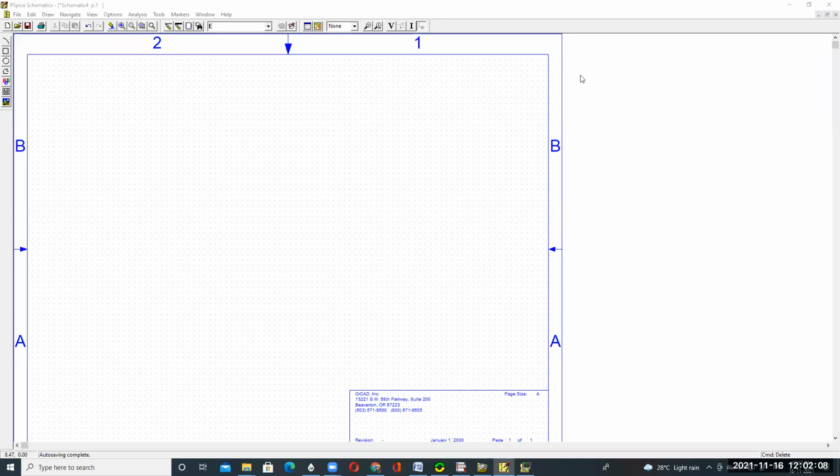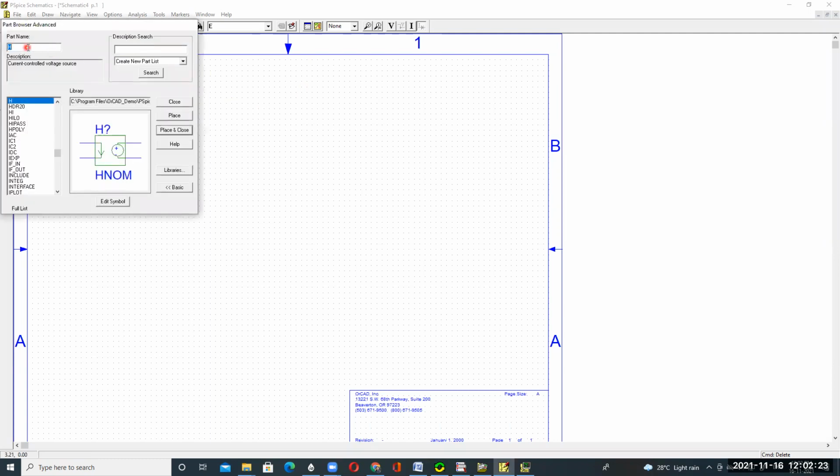Then next, how to simulate dependent sources by using Pspice. There are 4 dependent sources. In the Pspice library, enter E. So you will get E. This is called a voltage dependent voltage source, or voltage controlled voltage source. Here the plus minus source is depending on another voltage. This is called the source, and this is called the depending parameter. That's why it is called a voltage dependent voltage source, voltage controlled voltage source.